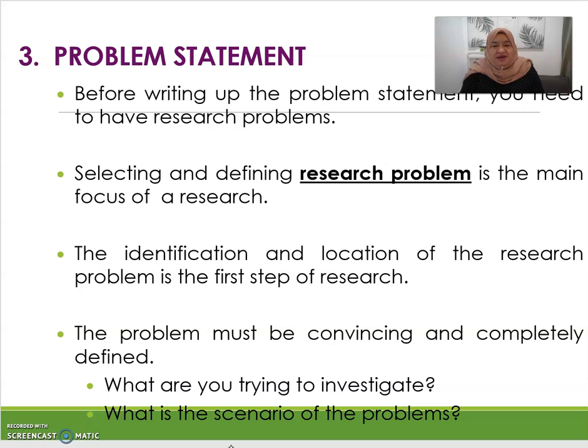The problem must be convincing enough and completely defined. So you have to understand the scenario of the problem. This is where you need to look at past research or published papers to help you explain your research problem.